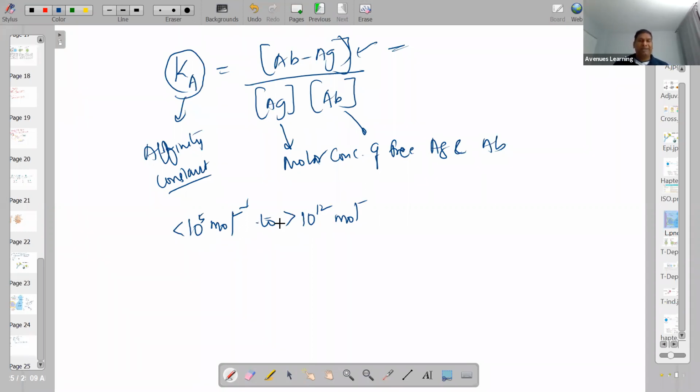So usually in that range is where you find the affinity constant.